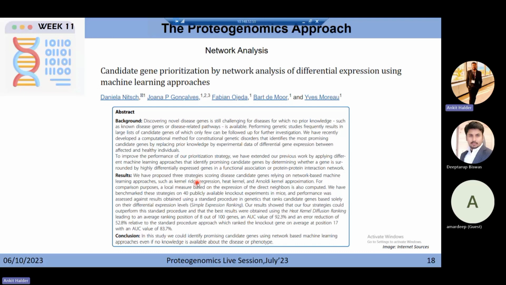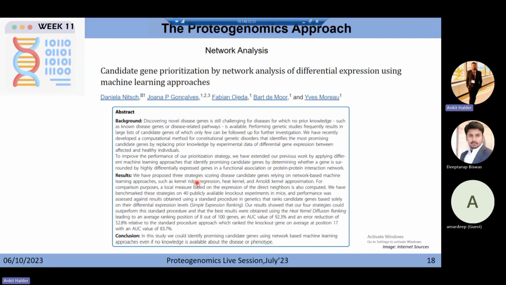For comparison purposes, a local measure based on the expression of your direct neighbors is also computed, and they tested these strategies on 40 publicly available knockout experiments in mice against results obtained using a standard procedure in genetics, which ranks candidate genes only on the differential expression level. That is your simple expression ranking.